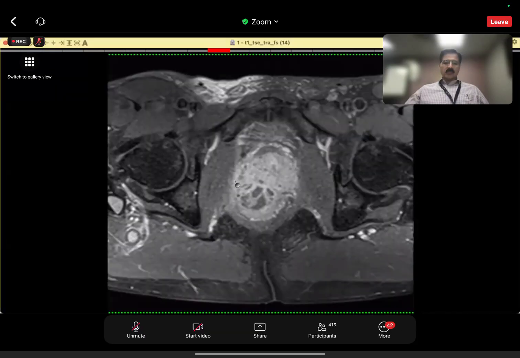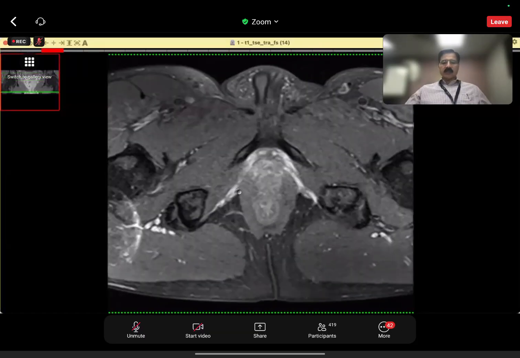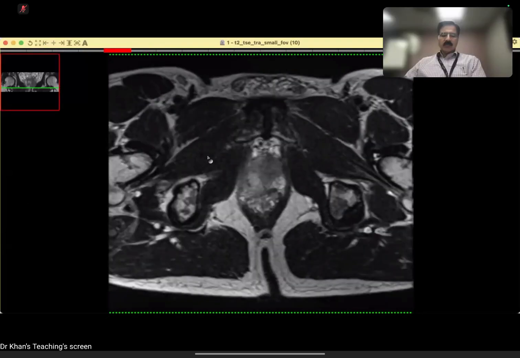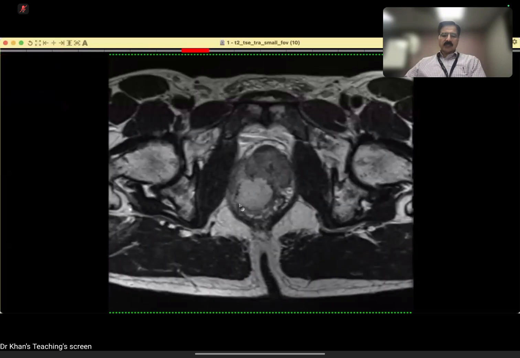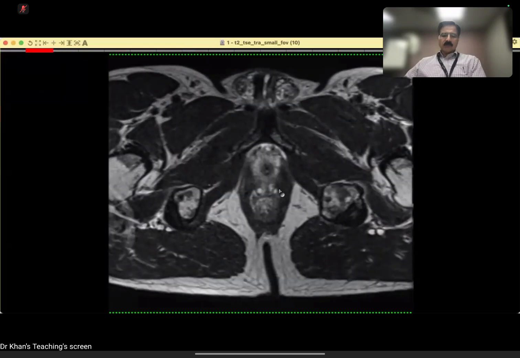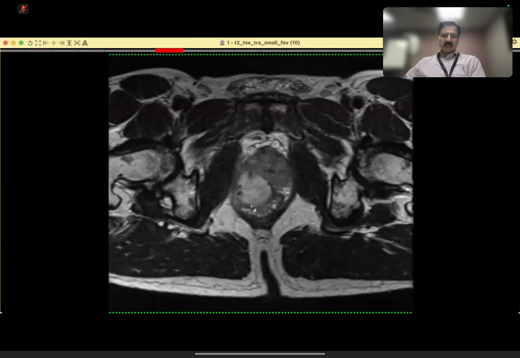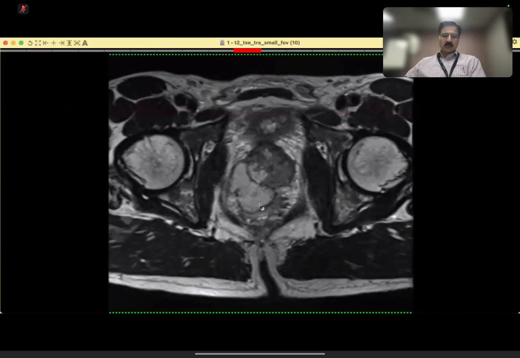That is why the key point to remember is the T2 findings. Of course, the clinical picture in this case was also in favor of infection, but if you see here, now we go towards the apex of the gland. As we come up, there is a high signal on this T2.